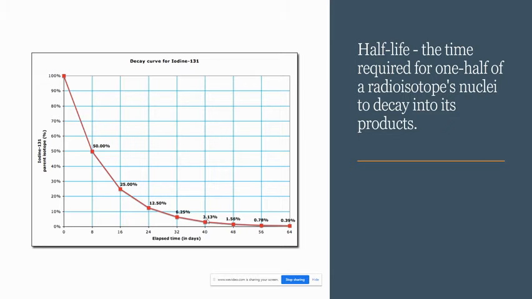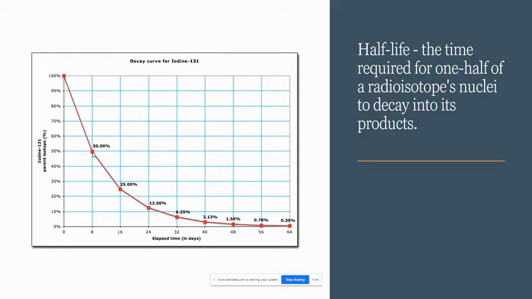So one of the things that we do when we get to this unit is we talk about half-lives. And this, for example, is iodine-131. Half-life means that we're going to take a certain material, and over a certain amount of time, half of that material is going to change into another element.